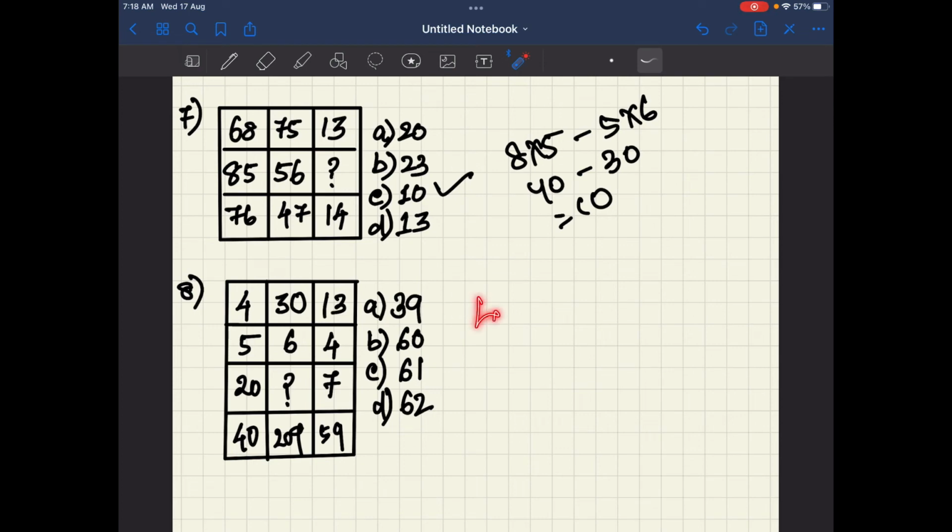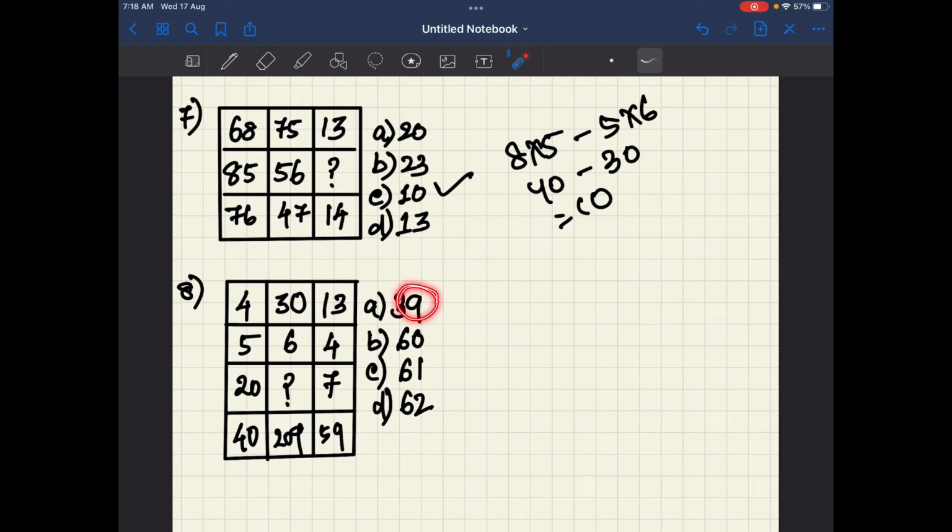We know that 4 into 5 plus 20 equals to 40, and 13 into 4 is 52 plus 7 is equals to 59. So this one is nothing but 30 into 6 plus x equals to 209. 30 into 6 is 180. So 209 minus 180 is nothing but 29.